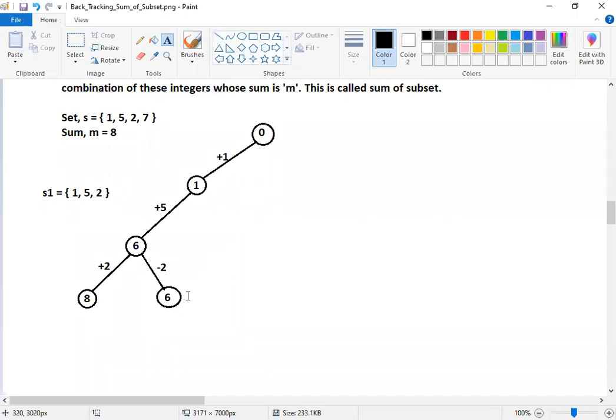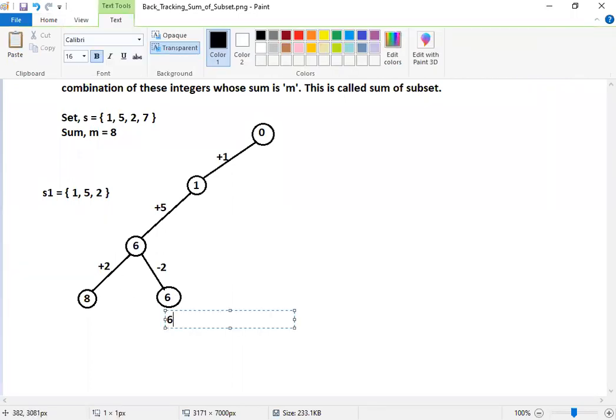Now I am at node number 6, and in my set, 1 I have taken, 5 I have taken, 2 I did not take. The next number is what? 7. Now, what do you think? Should I consider 7 here? If I consider it, then what will happen? 6 plus 7 will happen. So 6 plus 7 means I get a sum of 13. Is that 13 greater than our m value?